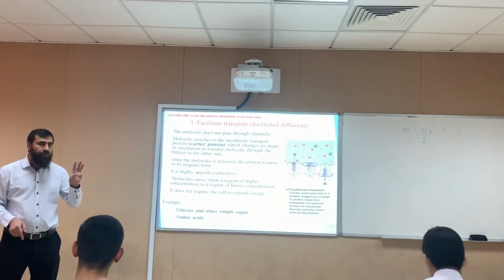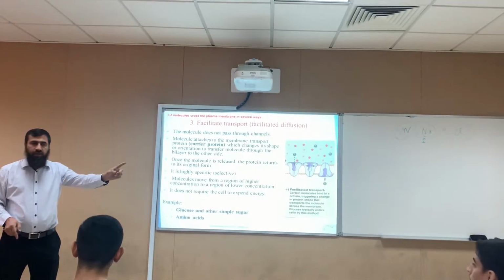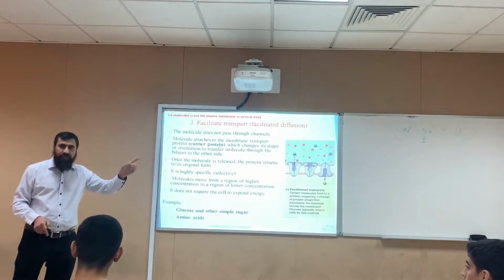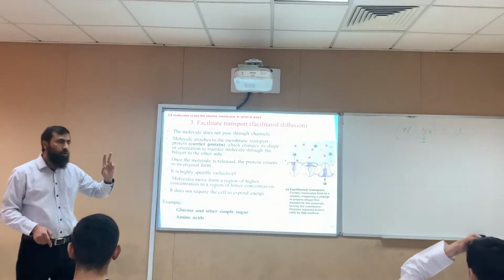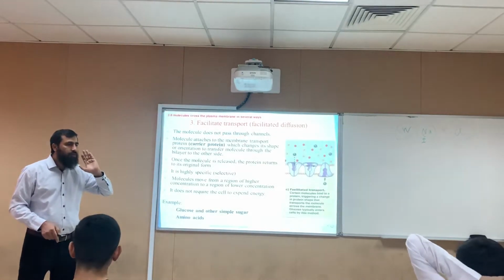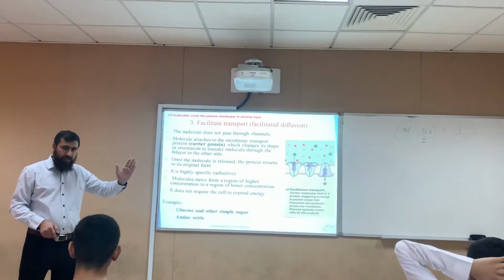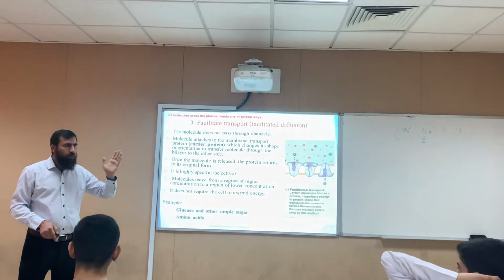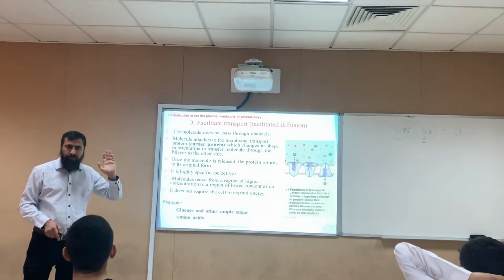So the three types: straight through the bilayer. These are molecules that are non-polar, like oxygen, carbon dioxide, or they can pass through channels, okay? Gated or non-gated, like water and sodium, potassium, and calcium.